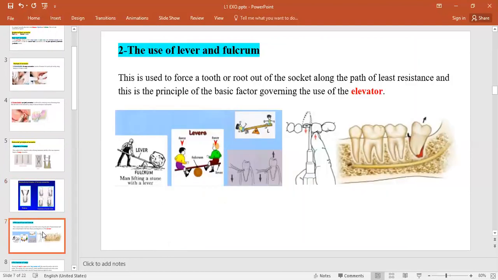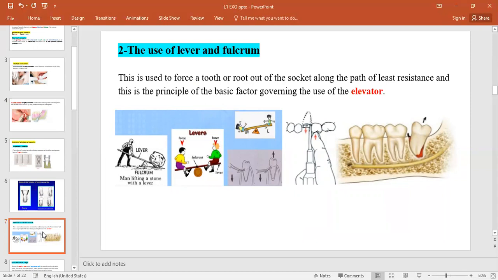The lever and fulcrum: we use force so the tooth or the root comes out of the socket along the path of least resistance. What does this mean? As you know, the buccal or labial plate of the upper maxillary teeth is thinner than the palatal. So the least resistance is the buccal or labial side rather than the palatal side.